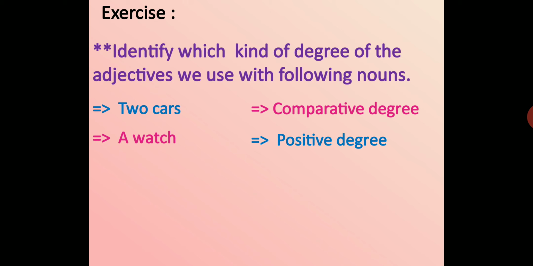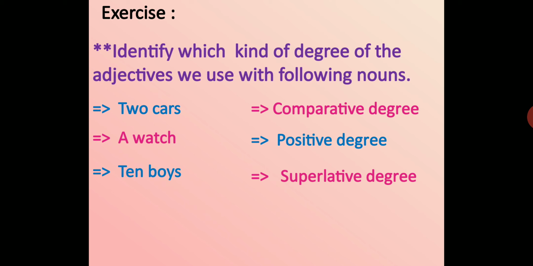Then 10 boys. How many boys? 10. They are more than one, more than two. Right? Then the comparison is among all the 10 boys. So, which degree will be used in this sentence? Yes, superlative form of the degree.